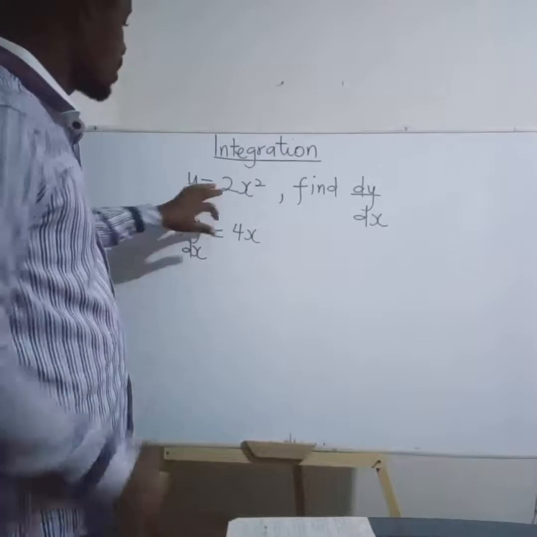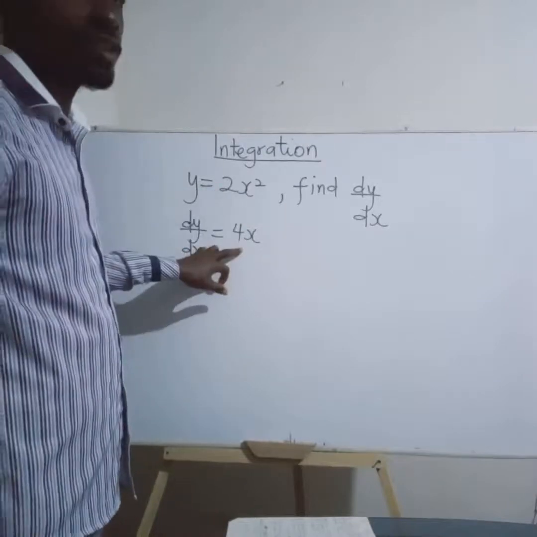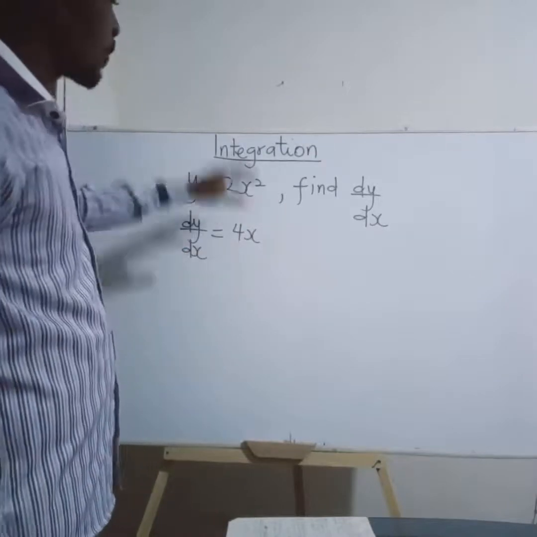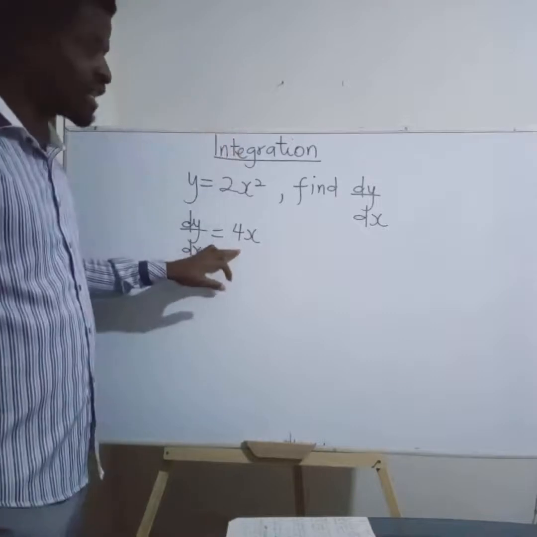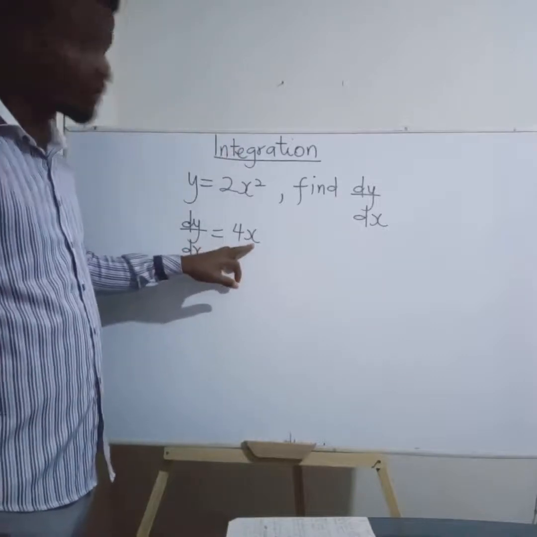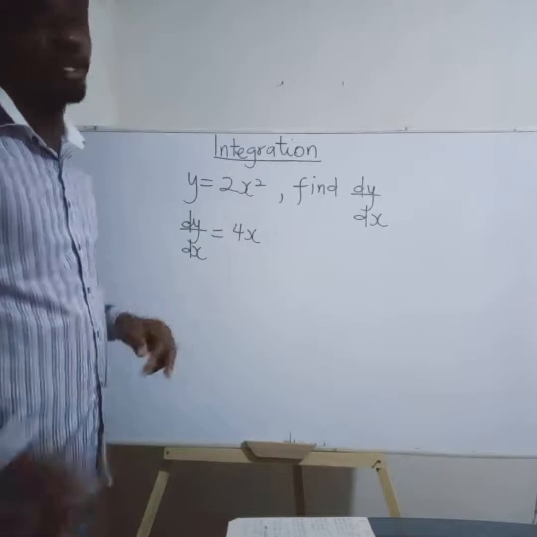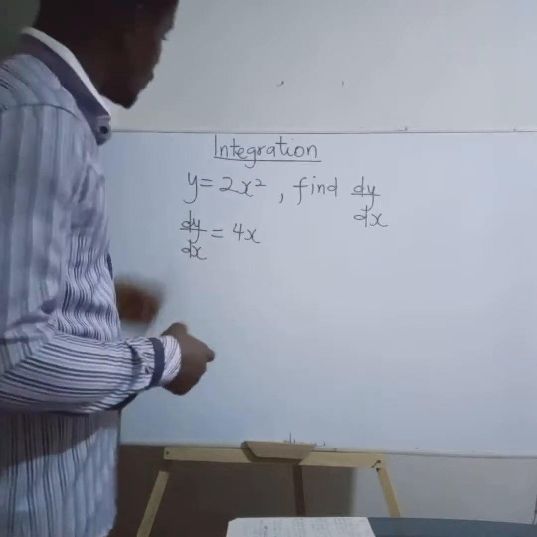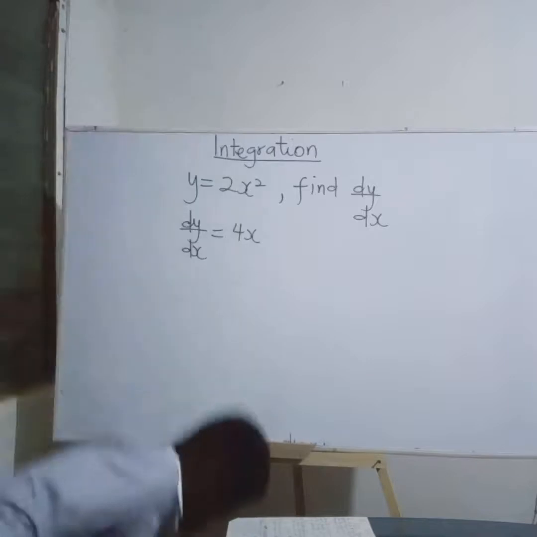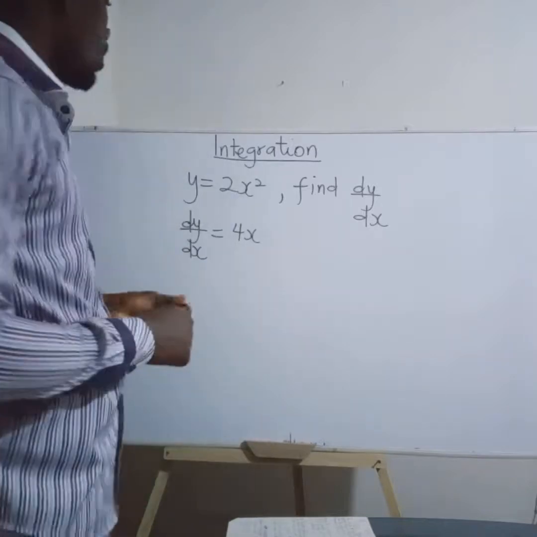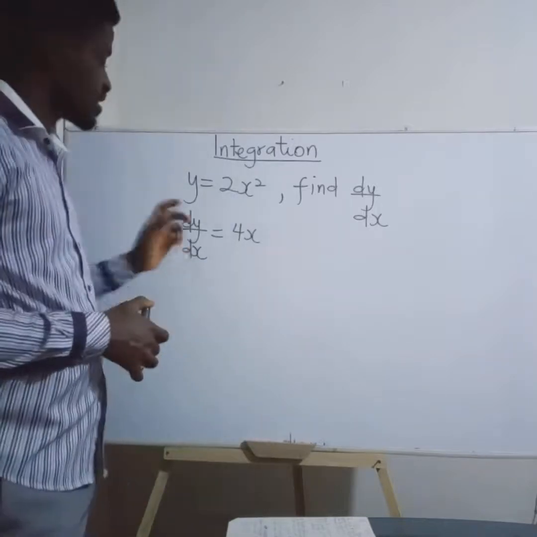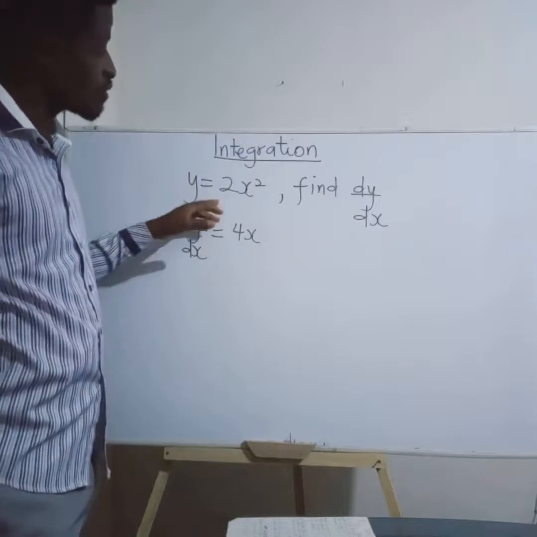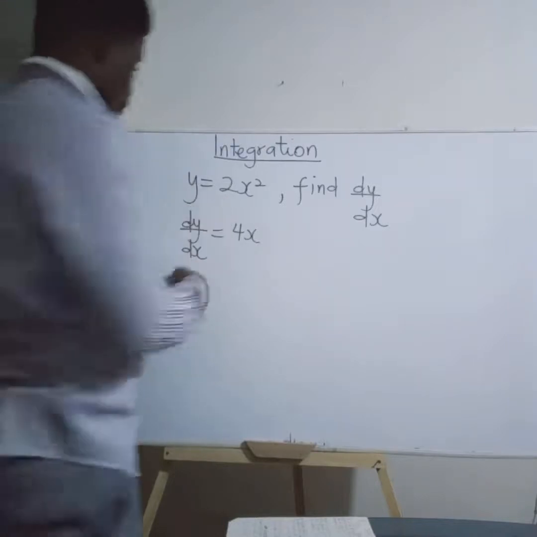So when we differentiate 2x squared, we get 4x. But in today's topic, when we integrate or find the integral of 4x, we are going to get 2x squared. So which shows that the process of integration reverses the process of differentiation.